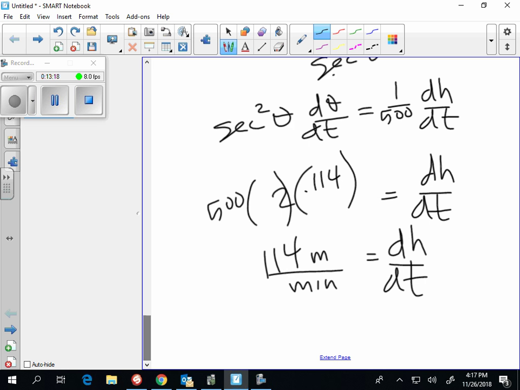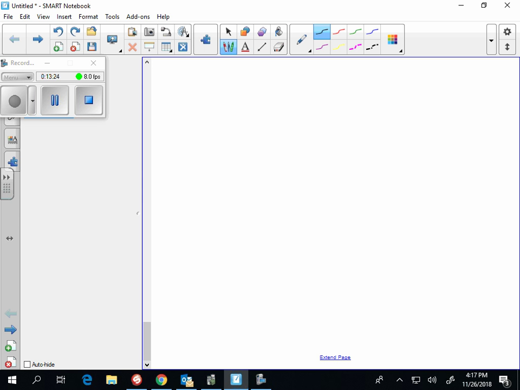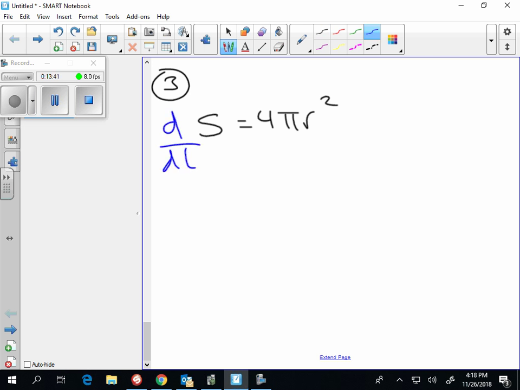Okay, question 3. The radius and surface area of a sphere are related by S equals 4πr². Write an equation that relates dS/dt to dr/dt. Oh, well, that's pretty straightforward. They just want me to take the derivative with respect to time of both sides.